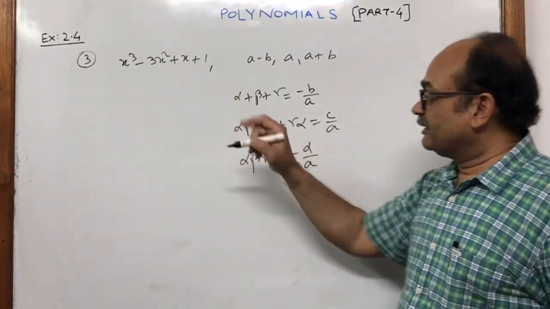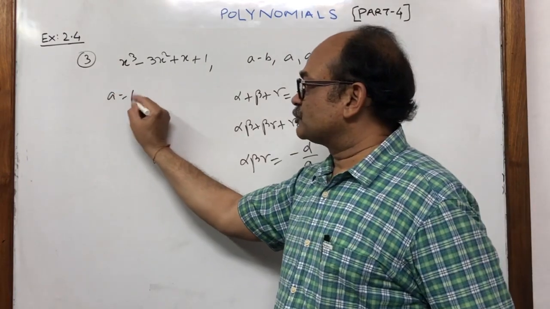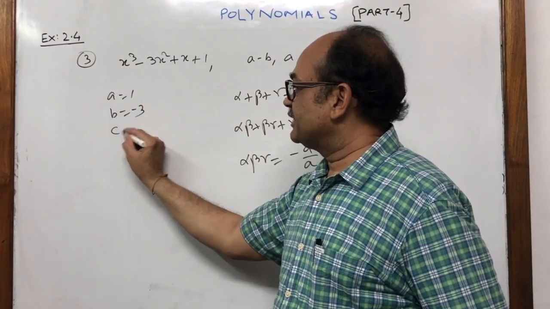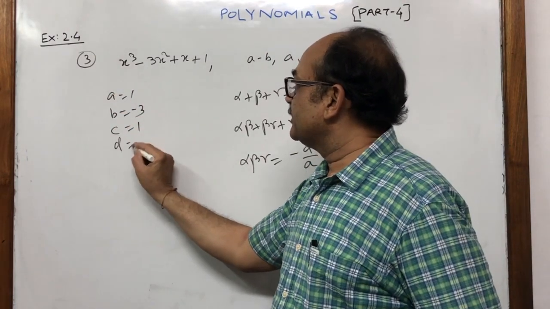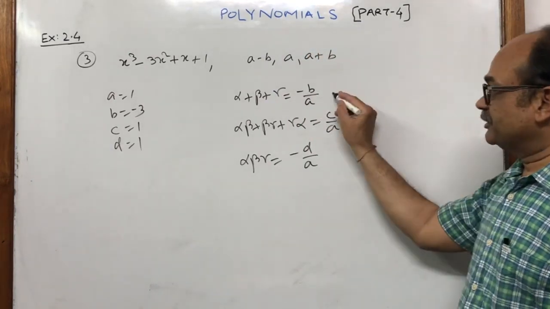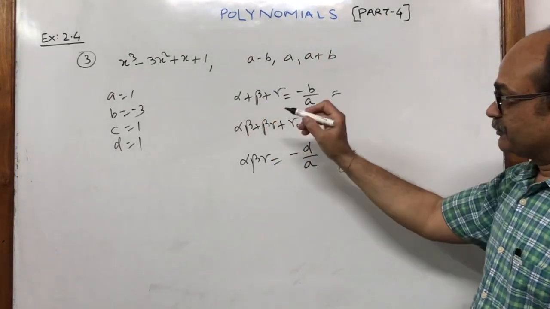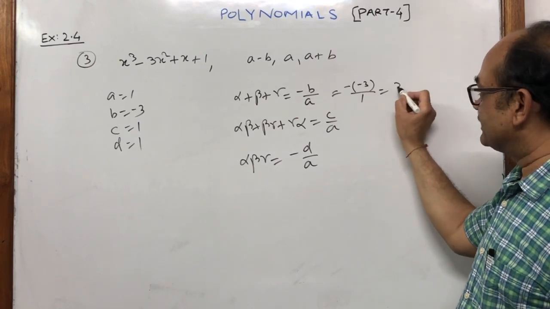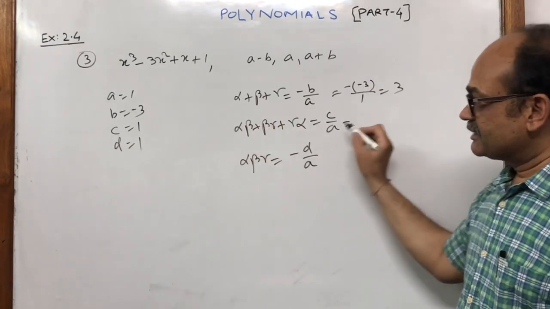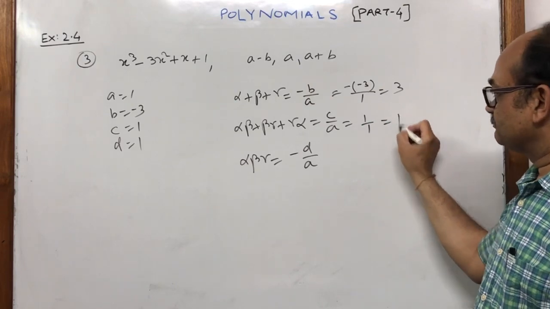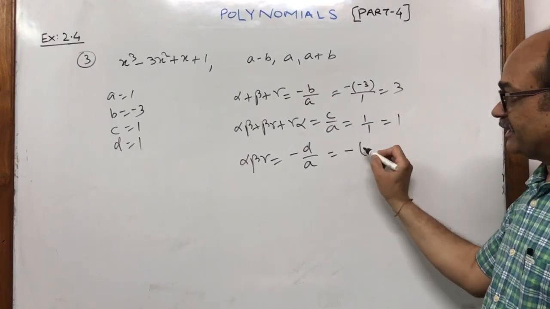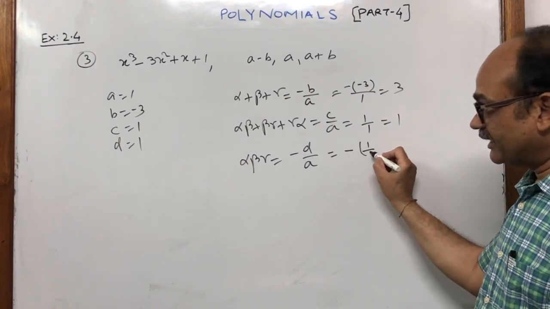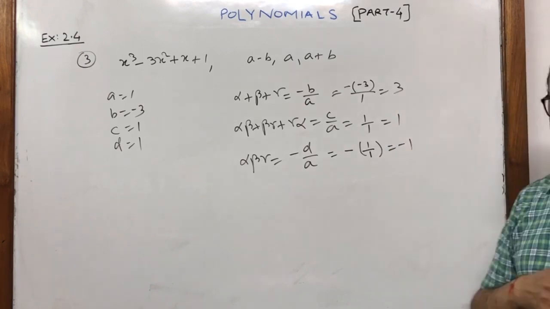From the polynomial we have a equals 1, b equals minus 3, c equals 1 and d equals 1. So we substitute here: minus b by a is 3, c by a is 1, and minus d by a is minus 1.